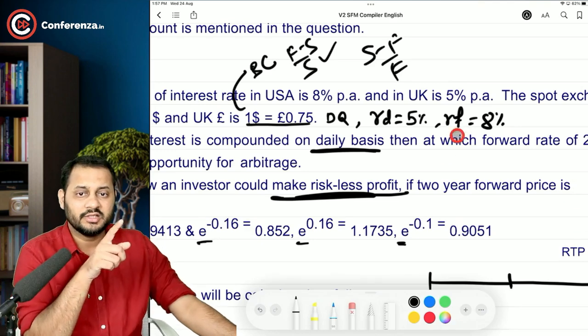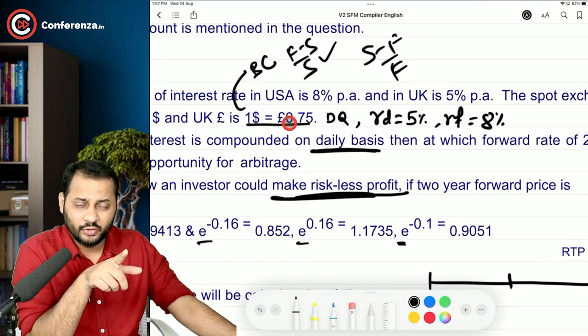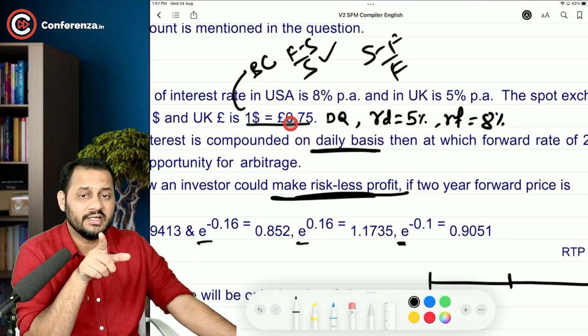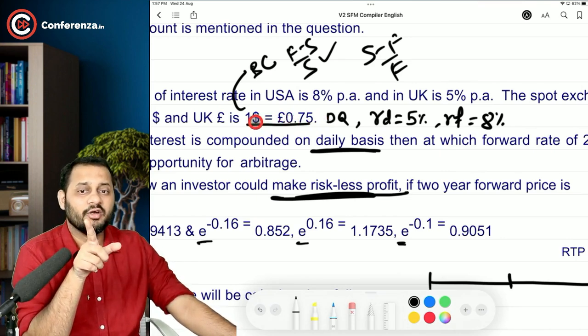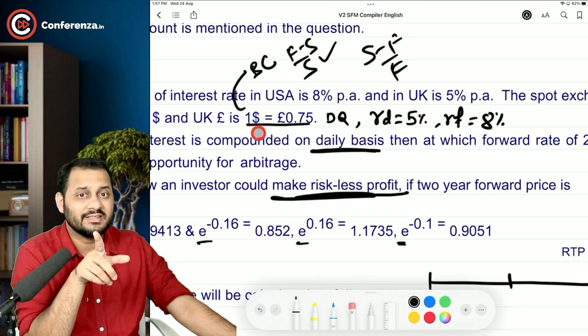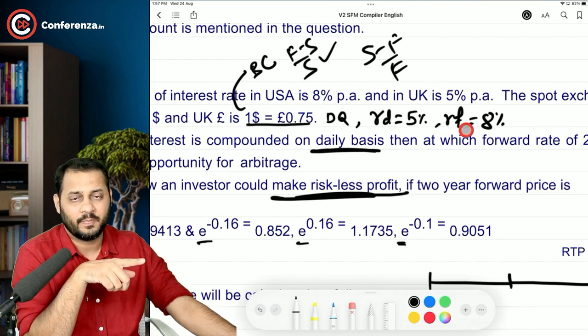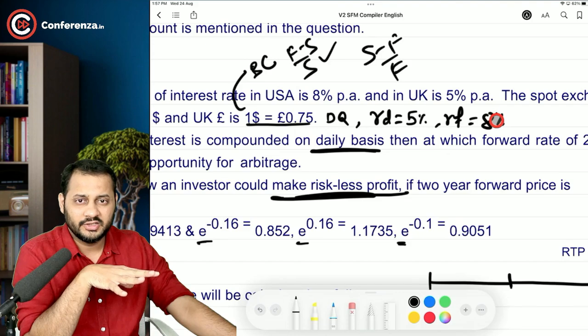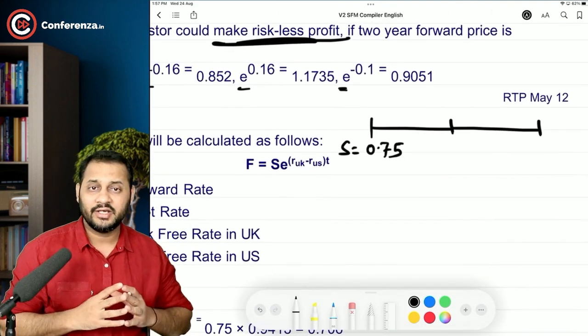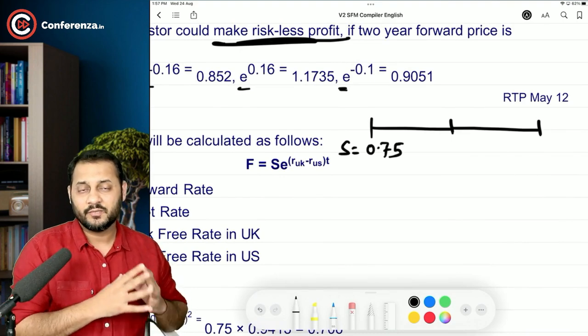If you consider this as a direct quote, it is always written in terms of home currency, that is pound, per unit of foreign currency, that is dollar. So foreign currency is dollar. If the foreign currency is dollar, then 8% will also be the foreign currency interest rate. Okay? Clear with this?